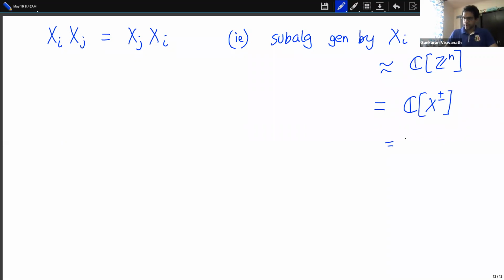This is just the complex span of all X mu, mu in Zn. So that's the X's.